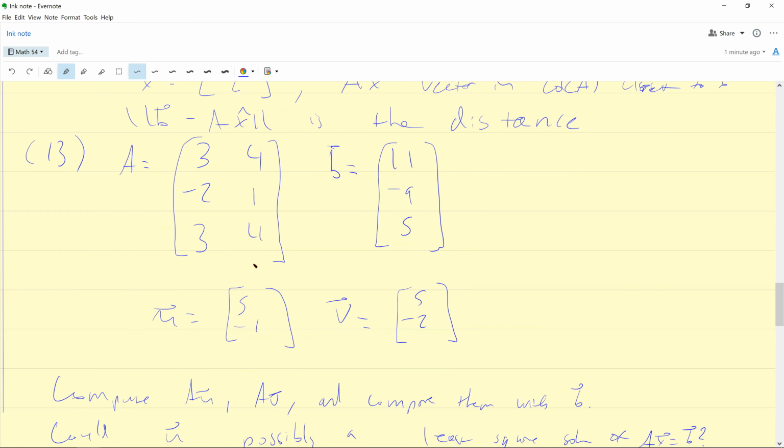So they can't both be a solution according to that theorem we had. So if the columns were linearly independent and they both had the same distance, then they would both not be, because the solution would have to be unique. And if two different U and V give the same distance, it won't be a unique solution. Okay.